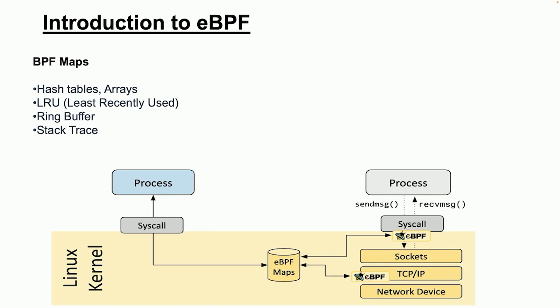And there are various mechanisms for synchronization over these maps. You can have maps per CPU, so that you need not synchronize the maps for each parallel thread. And in case you want a centralized map, BPF also provides spin lock kind of mechanisms which we can use.